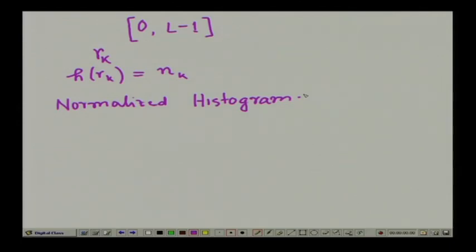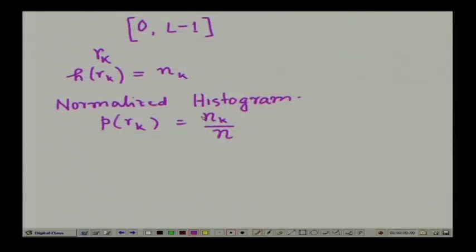The normalized histogram is represented as p(r_k) equal to n_k by N. As before, n_k is the number of pixels having intensity value r_k, and N is the total number of pixels in the digital image.